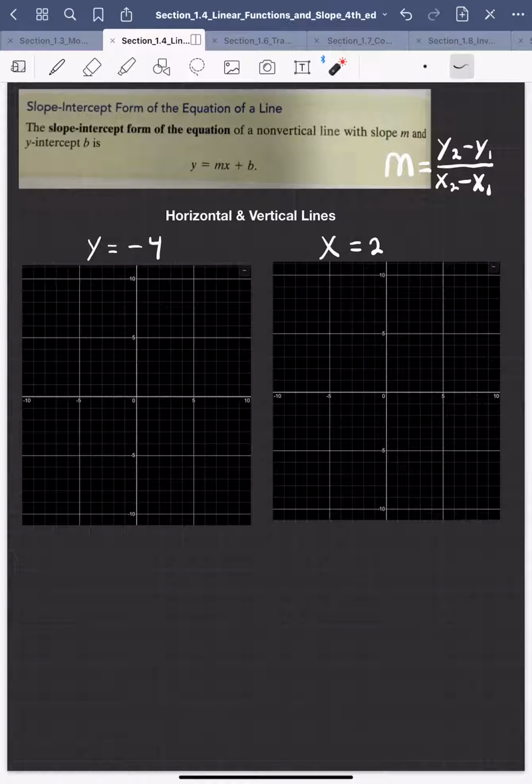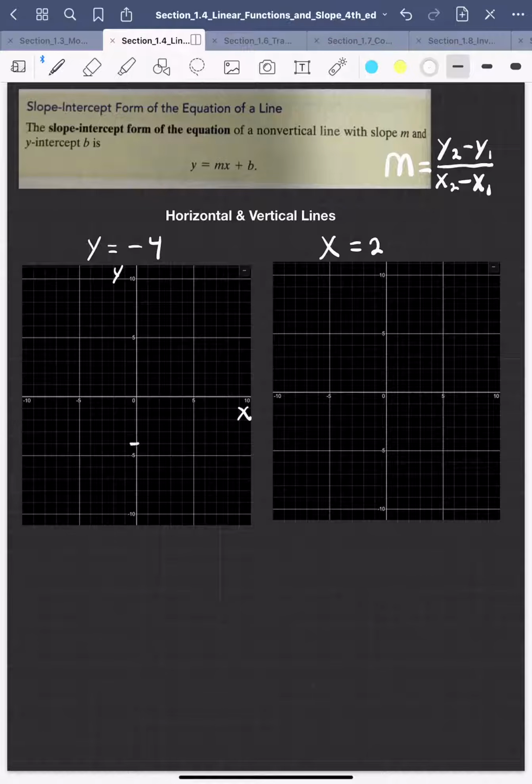horizontal and vertical lines. So take the equation y equals -4. Now let's assume that your goal was to graph that. How would you do it? Well, first off, we have our y-axis running vertical, our x-axis running here.